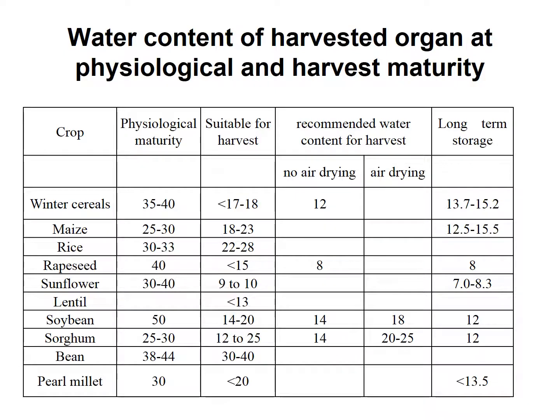Here we also can find values of water content for long-term storage. They are typically below 15%, and they are lower for oilseed crops like rapeseed or sunflower. On the other hand, for cereals, the values are between 12 and 15%.